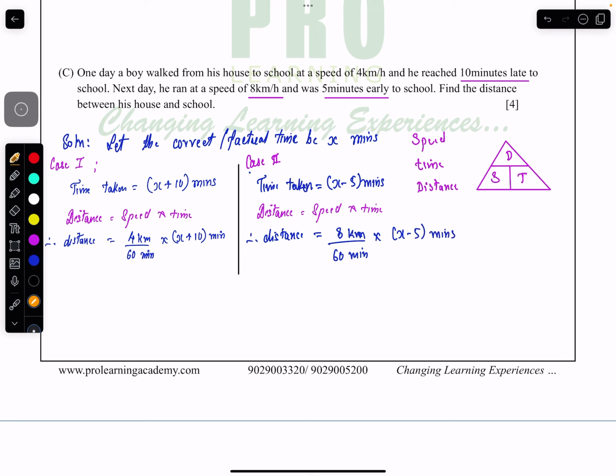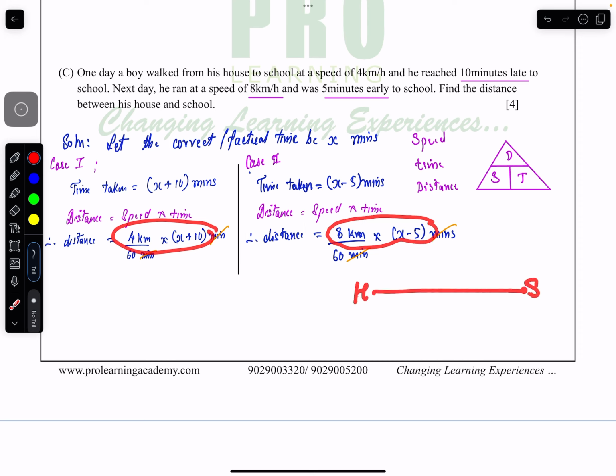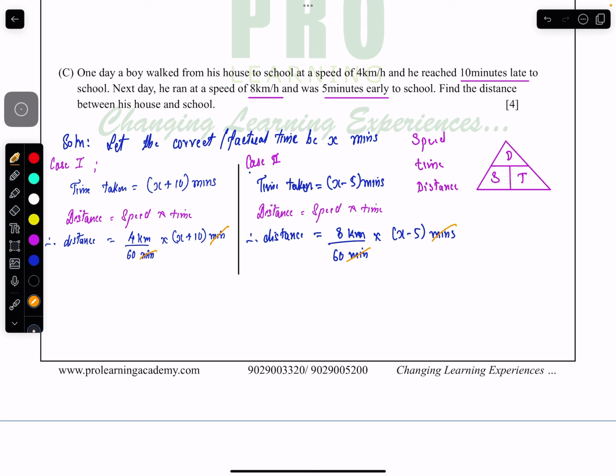If you simplify, at least the units could be simplified: minutes and minutes are lost here. So we realize that this distance and that distance are the same distance from the house to the school. So distance hasn't changed.